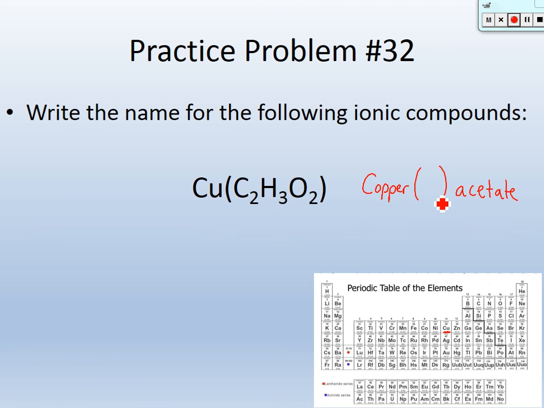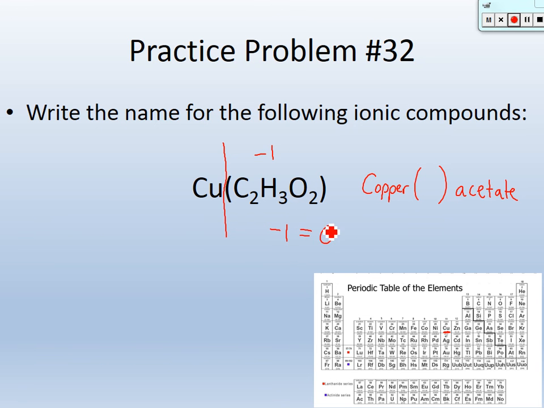all I have to do is figure out what the charge of copper is. I can do that if I divide this compound into 2 halves. On this half, what is the charge of acetate? Well, it's a -1. How many acetates do I have? There's an implied 1 right here, so that's just 1. So what's a -1 times 1? Well, it's a -1.